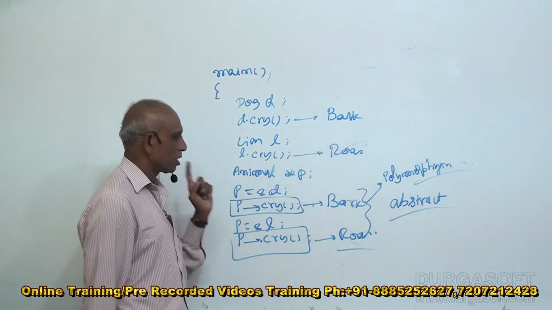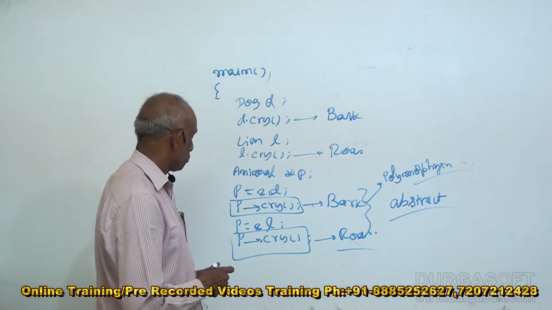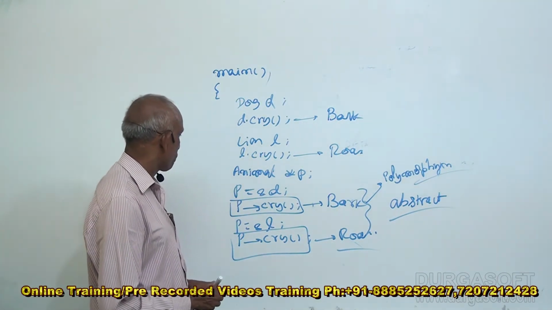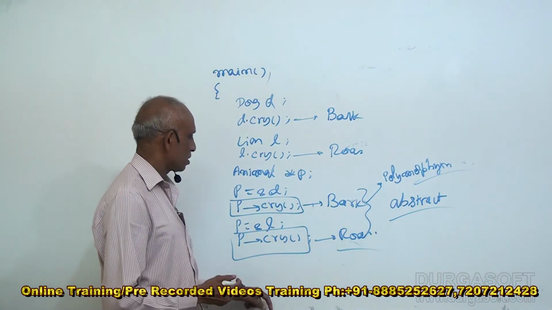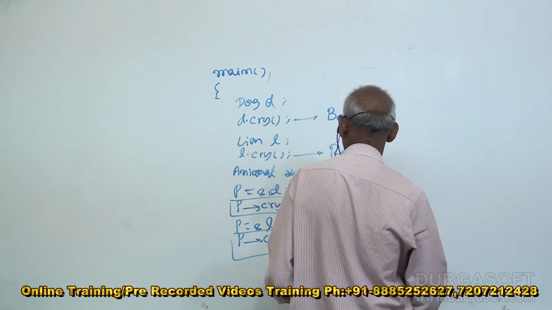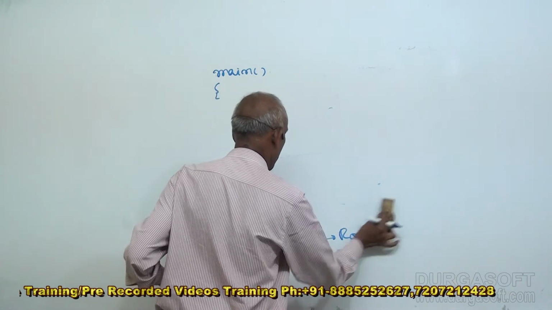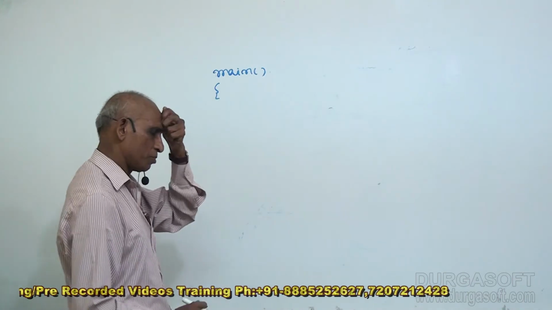Suppose the Animal cry function is not pure virtual. Okay, let's assume that it is pure virtual only. We know the Animal class cry function is a pure virtual function.